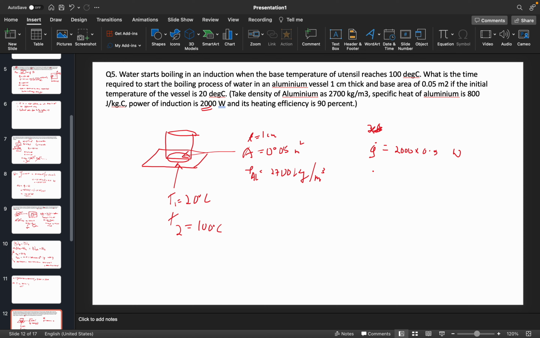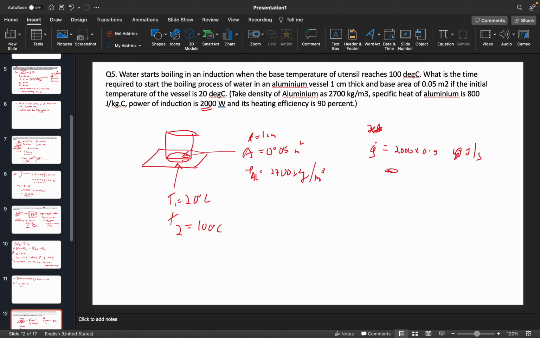This is joule per second basically, so I can write this watt as joule per second also. Now you have to calculate the time that is required to reach this. It is very simple.